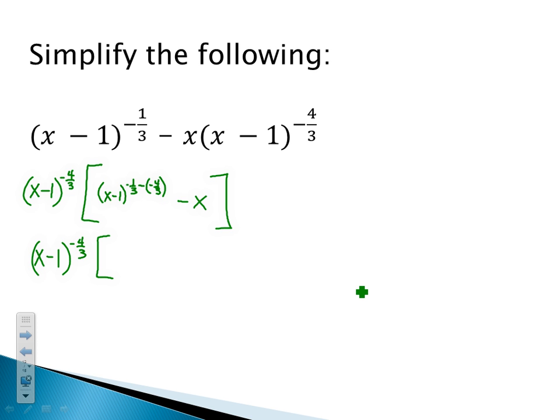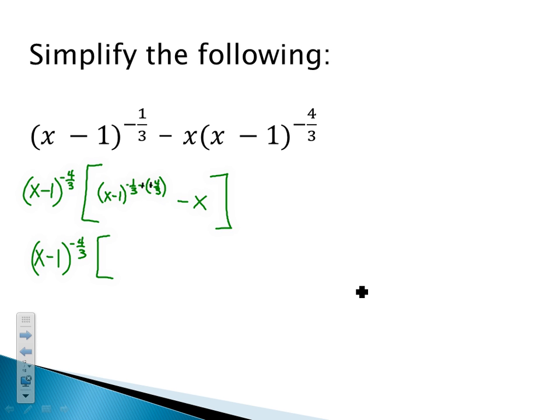Take a look at what those exponents end up doing. We have a negative 1/3, and remember what happens when you have minus a minus. It turns into plus. So what's negative 1/3 plus 4/3?